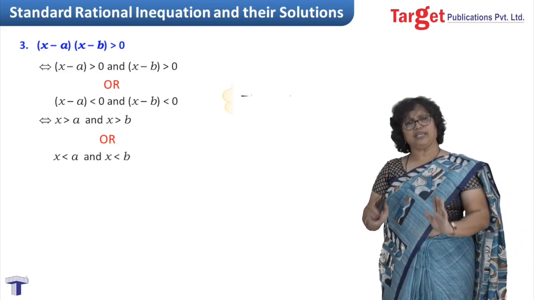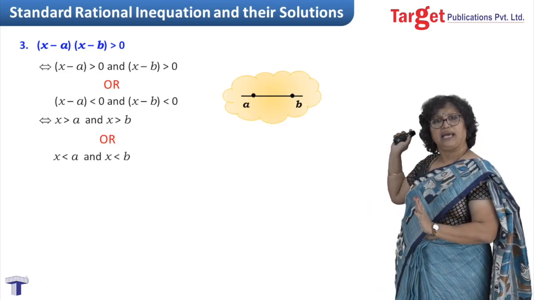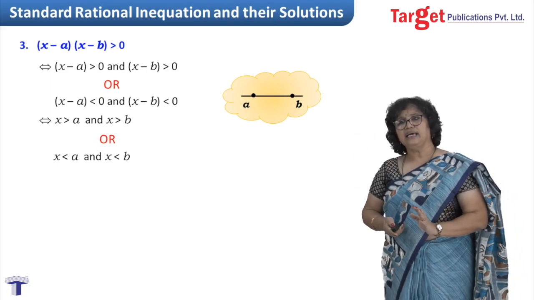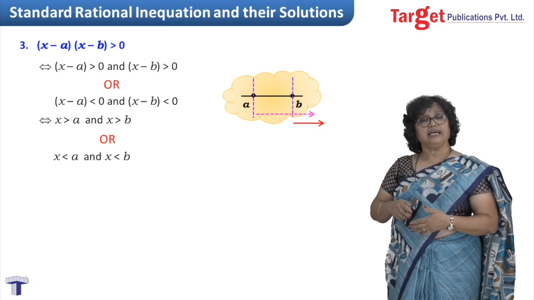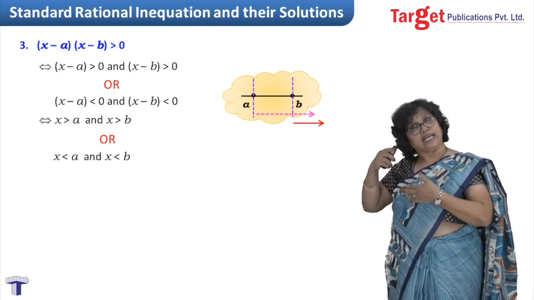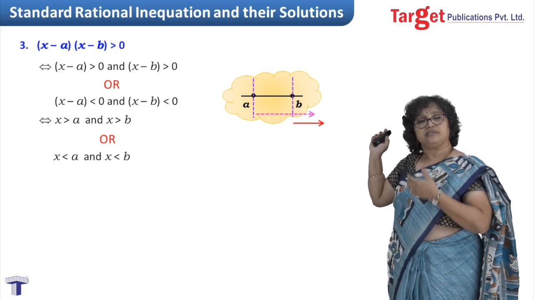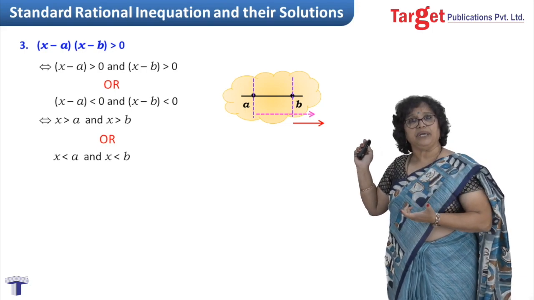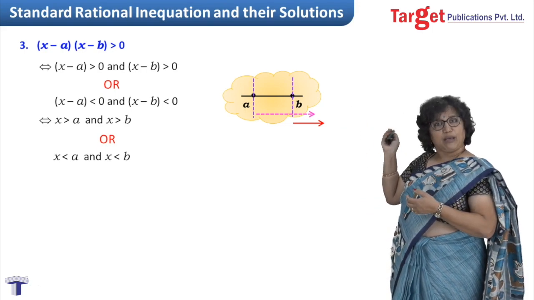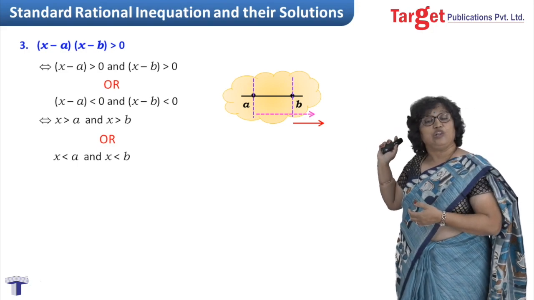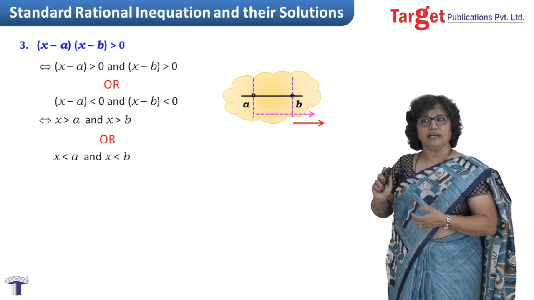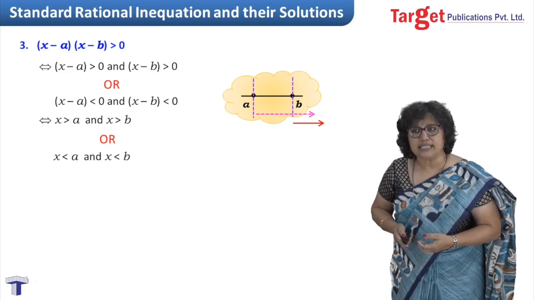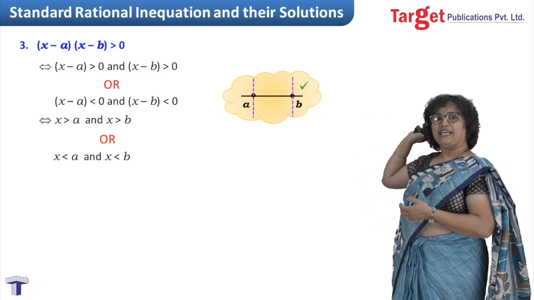Again I do a similar exercise: I mark a and b on the number line and check where the solution lies. If something is greater than a and also greater than b, then see the region between a and b. Numbers between a and b will not satisfy the x greater than b condition, so that will have to be rejected. The only option I am left with is the right side of b.